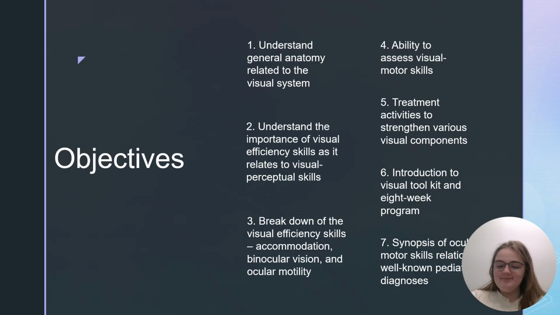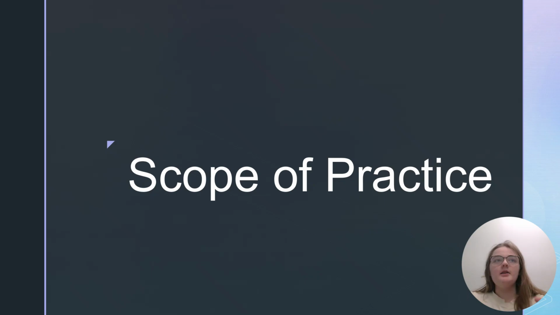So I just want to make sure I include a little blurb on scope of practice here, and I'm sure you guys are well aware of this. Obviously we know as therapists we need to make sure that we are doing what we can do, especially from a legal perspective. There is a big thing about what's within OT scope and what's within optometry scope. We just want to make sure we're doing what we can do and leaving anything else to the optometrists.